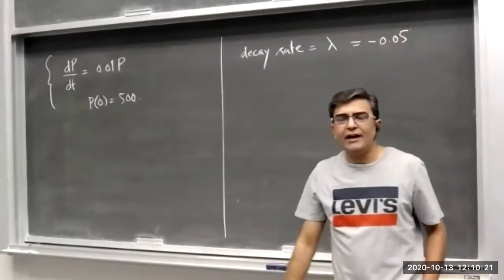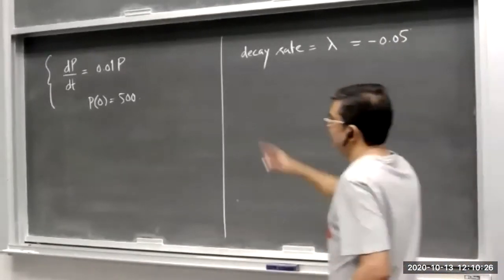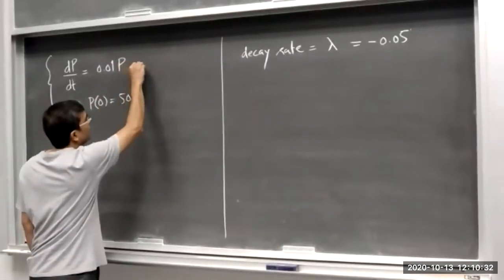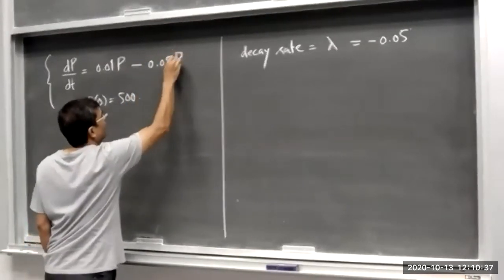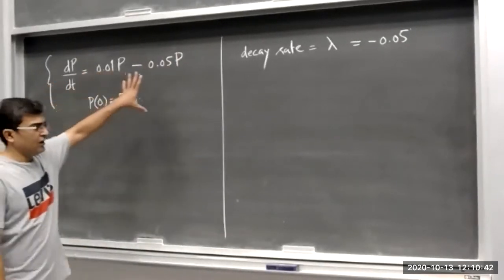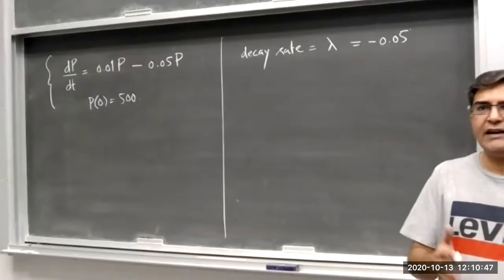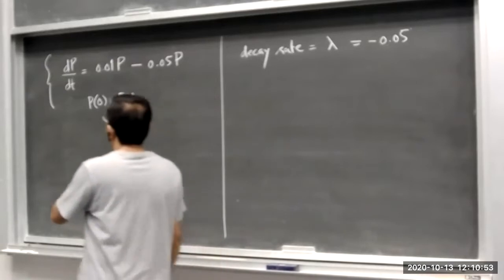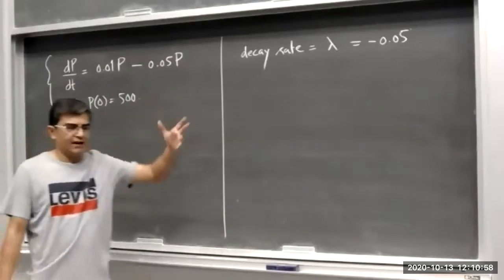So the bacteria die at a rate of 5% per hour. Then in this equation we have to include the decay rate, which is negative 0.05 of the population at any time. So this will give us another model which includes both birth and death rates. This is basically a more advanced version of the model which we have discussed in the previous lecture.